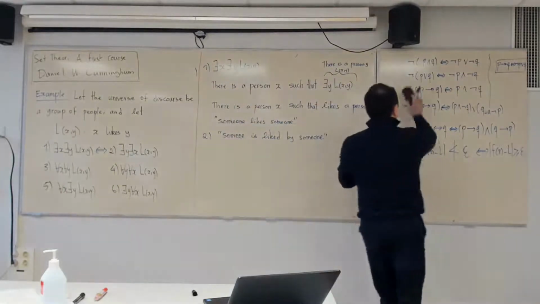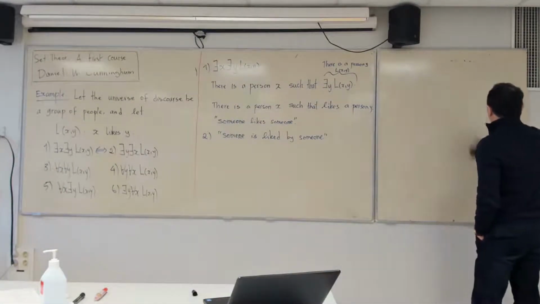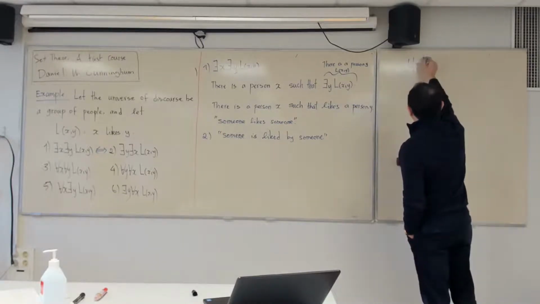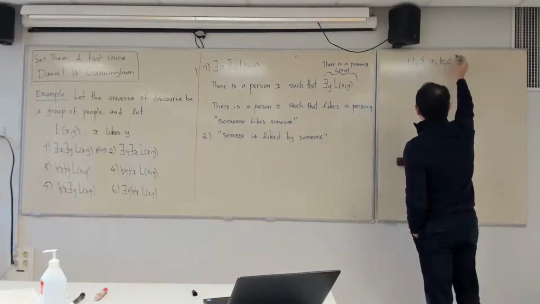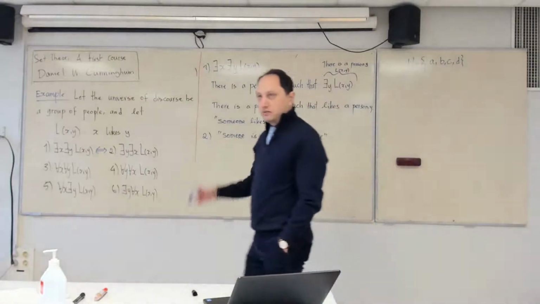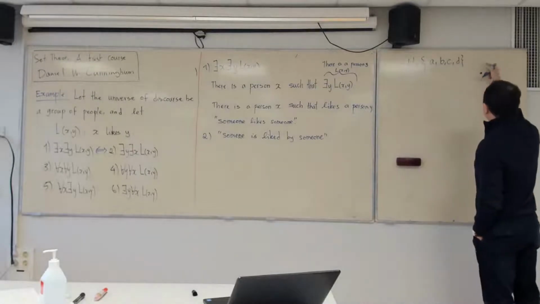By the way, let me try to give you some diagrams. So I will use this diagram. Assume that this universe of discourse contains three people, A, B, C. Let me make it D. Okay, so we have four people in this universe of discourse. And then, instead of writing, let me do some diagrams for you.